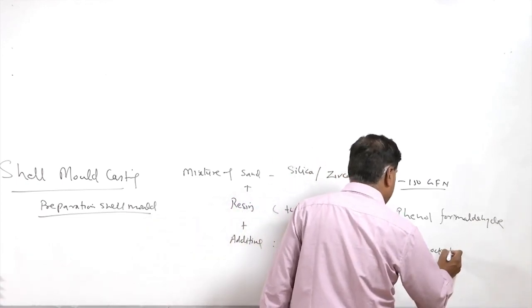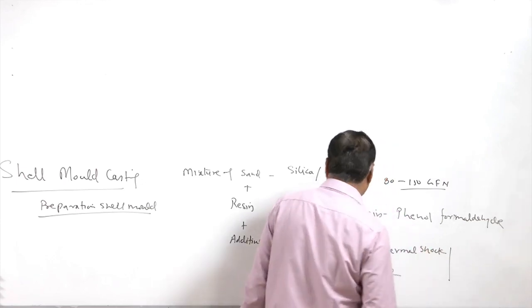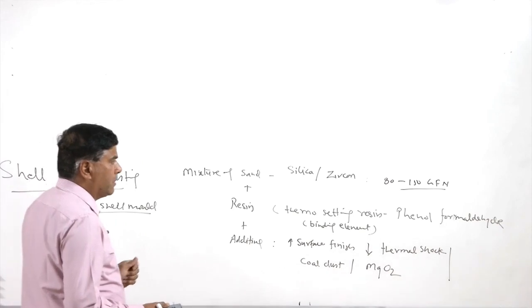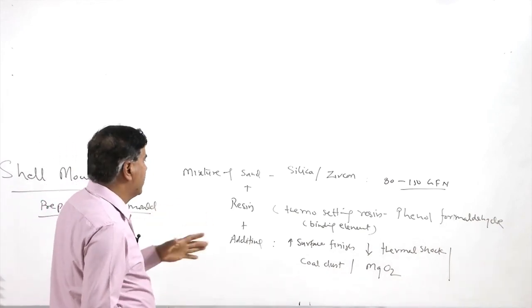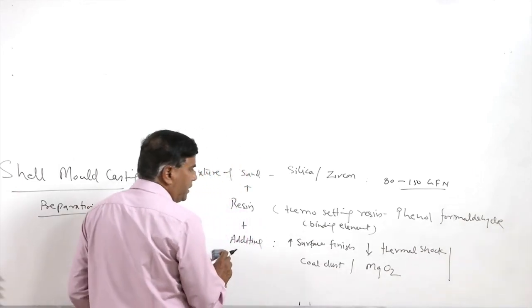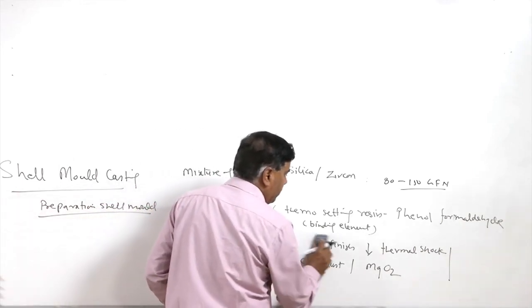So, these help to improve the surface finish as well as reduce the thermal shock, so that the cracking and fracture tendency of the shell can be reduced when the molten metal is poured.